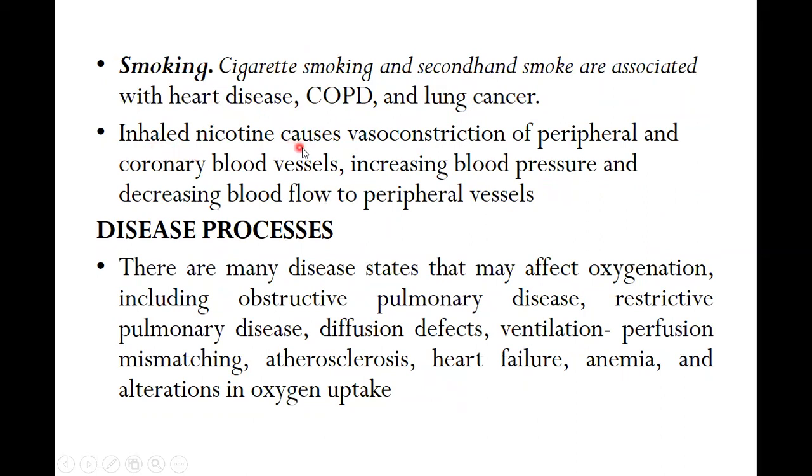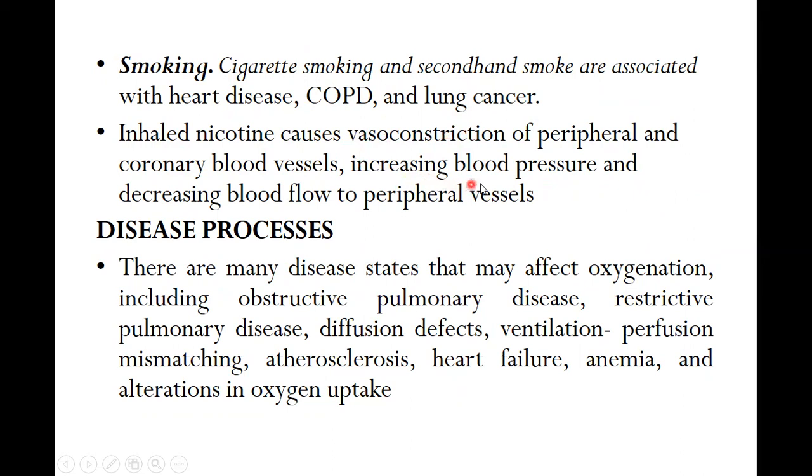Now, the inhaled nicotine, which is found in the tobacco, causes vasoconstriction of peripheral and coronary blood vessels. Now look at this. The nicotine will cause vasoconstriction. When the peripheral blood vessels constrict, then the resistance in those vessels will increase.